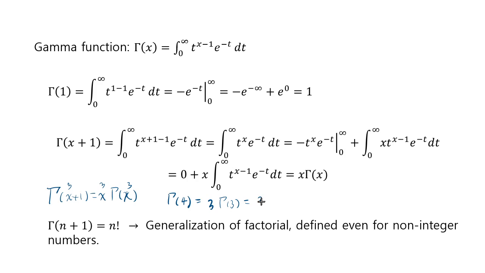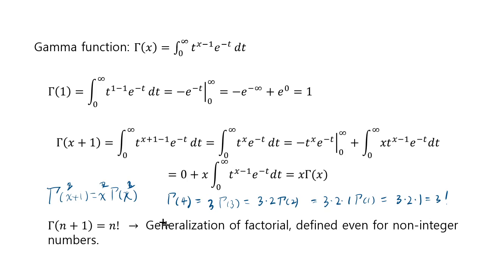And gamma of 3, again using 2 here, since 2 plus 1 is 3, is 2 times gamma of 2. Gamma of 2, applying the same reasoning, is 1 times gamma of 1, and we just established that gamma of 1 is 1. So it's just 3 times 2 times 1, which is 3 factorial.